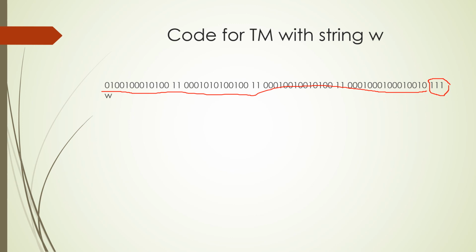the string W. I am repeating again: the separator is 1 when we distinguish each parameter present in the transition function. The separator is double one for differentiating two transition functions.